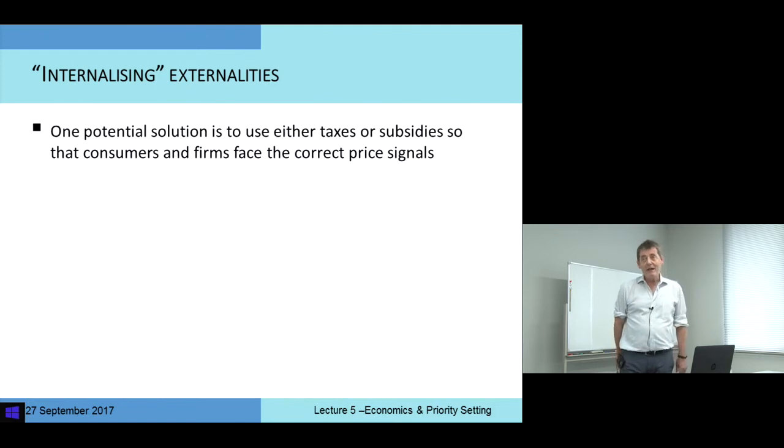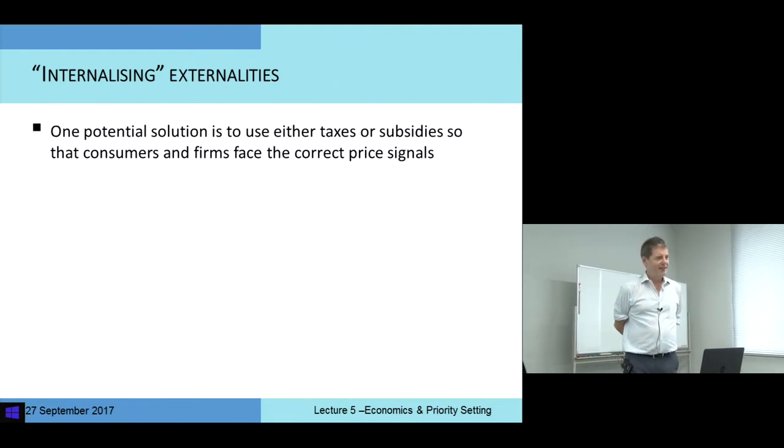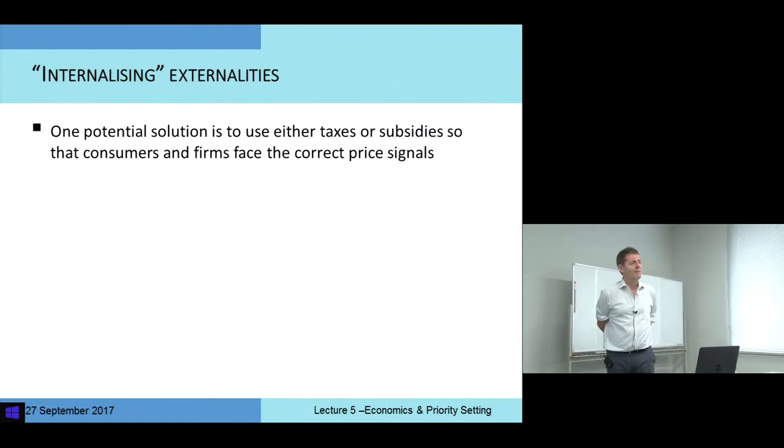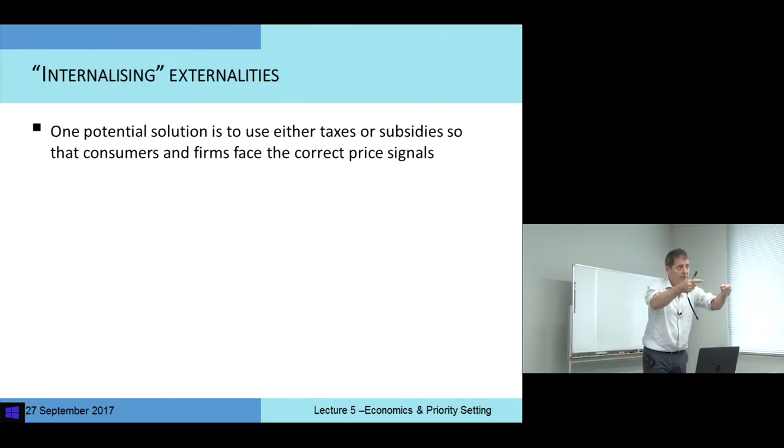Well, jargon. We talk about internalizing externalities, as we're getting rid of them, bringing the externality internal to the decision. So making the producer think about the costs they impose on others, making the individual who's receiving the vaccination think about the benefits to others. Now, what you could do is just have a campaign and posters say, get vaccinated, save someone else's life.